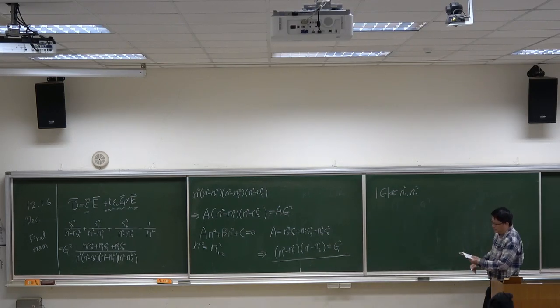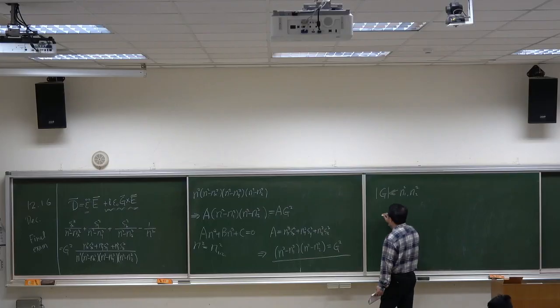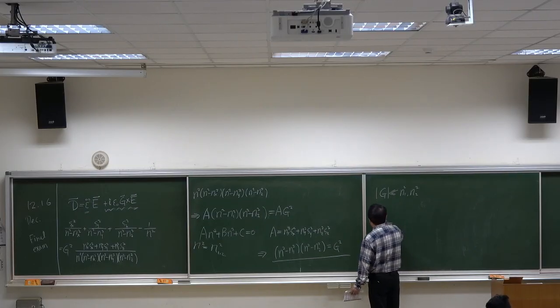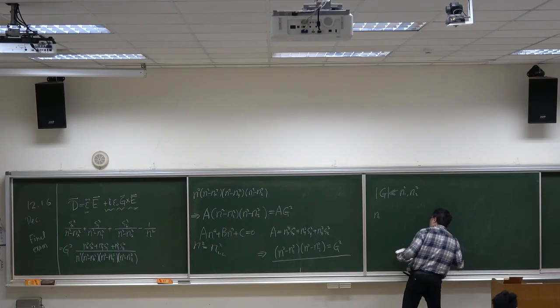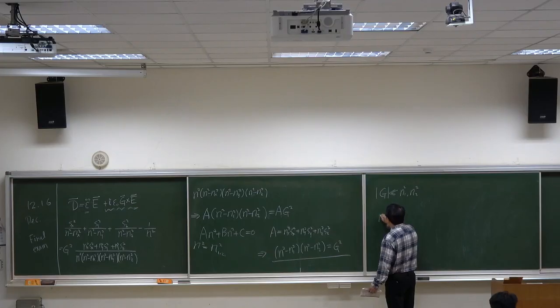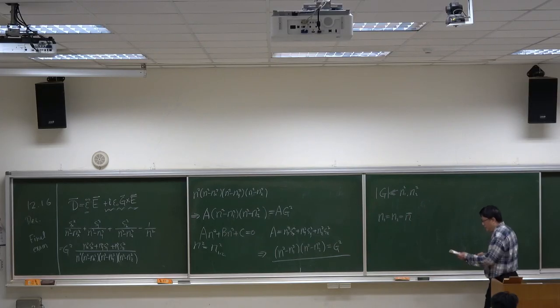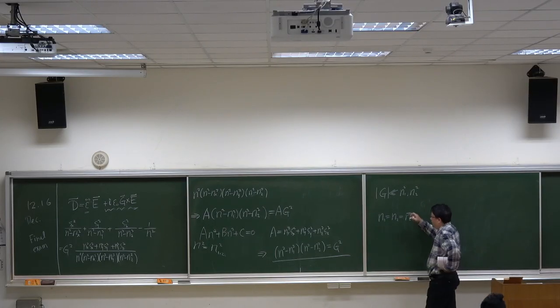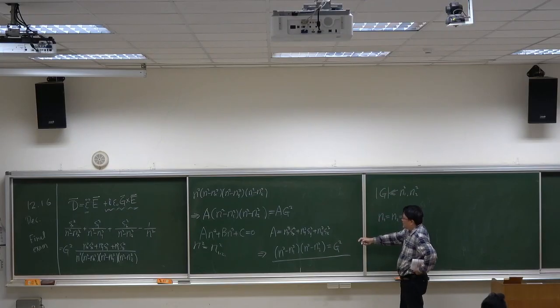Okay, suppose we have n1 equal to n2. Now we consider this situation. Suppose n1 is equal to n2 equal to n bar. Then we can discuss how to derive the modified n.